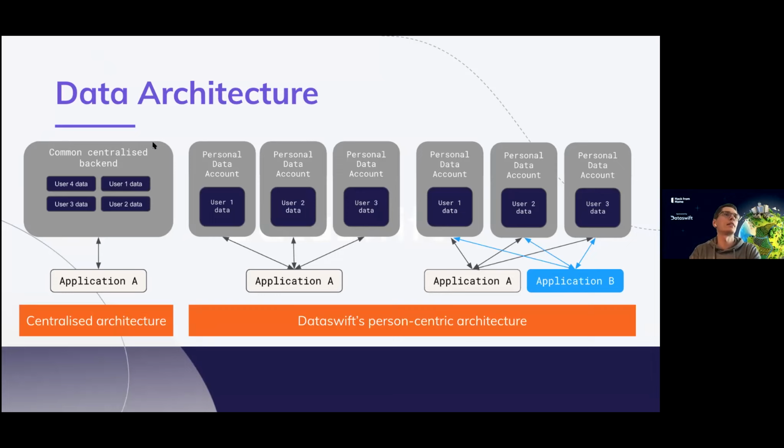On the left-hand side, we have a generalized, centralized backend system. The way we build applications in this paradigm is having a centralized backend for the application, and within that backend we have multiple users, and their data is stored within the same databases, same tables.